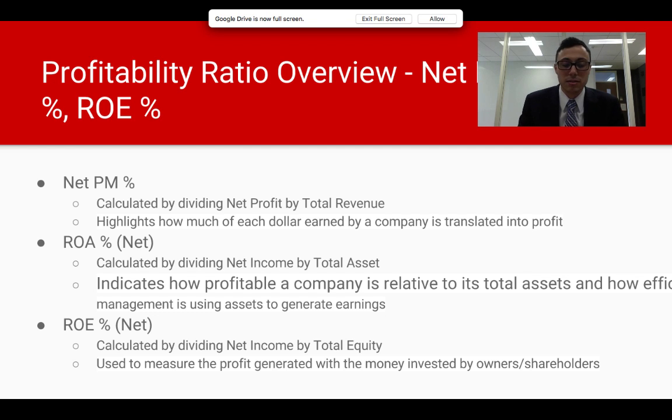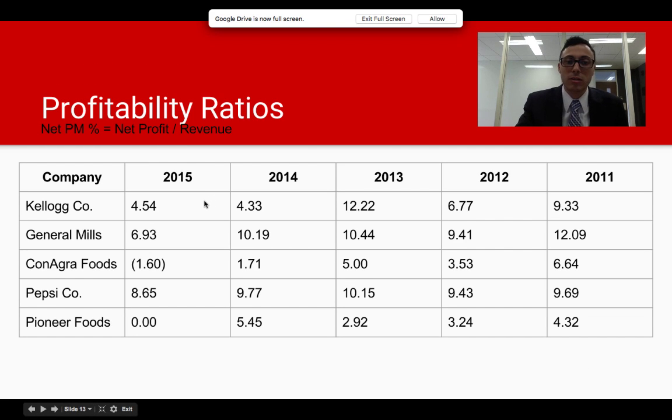And personally, I think this is a very important ratio that is widely looked upon by investors to measure the success of a company. So looking at how Kellogg fares compared to the competitors, they do have a lower ratio than most of their competitors, with the exception of ConAgra Foods and Pioneer Foods in 2011 to 2013.